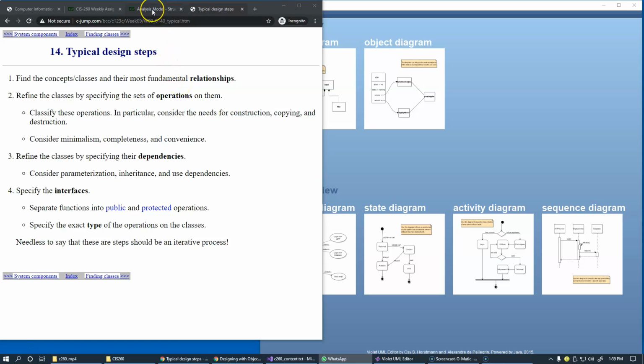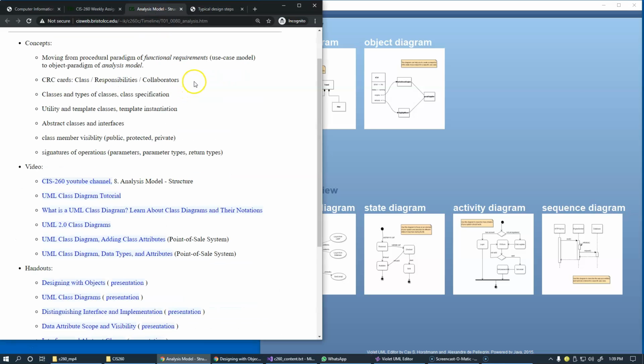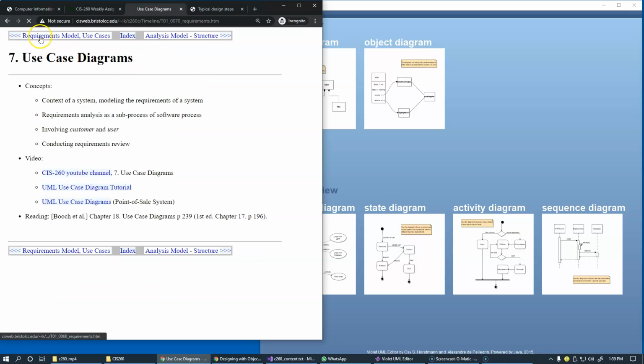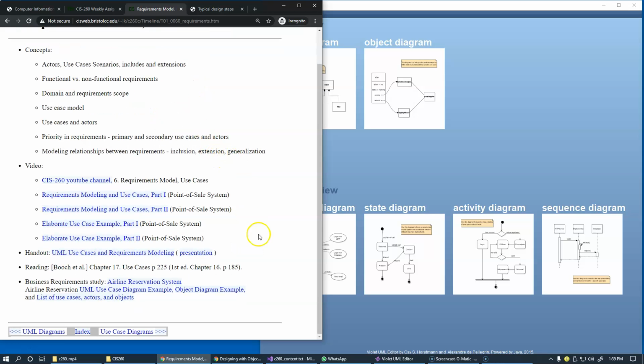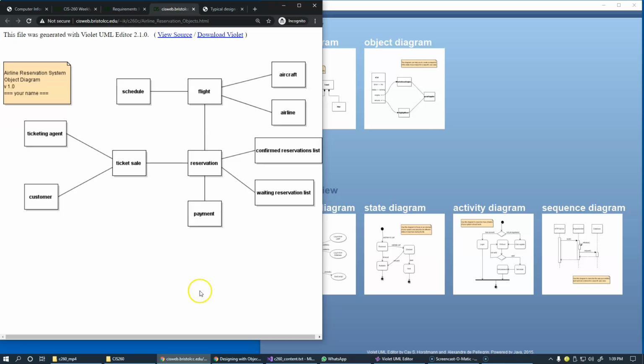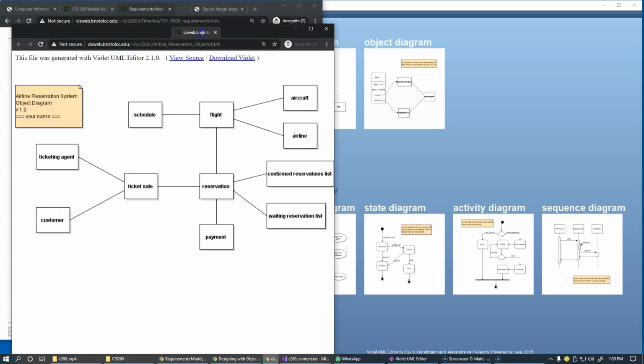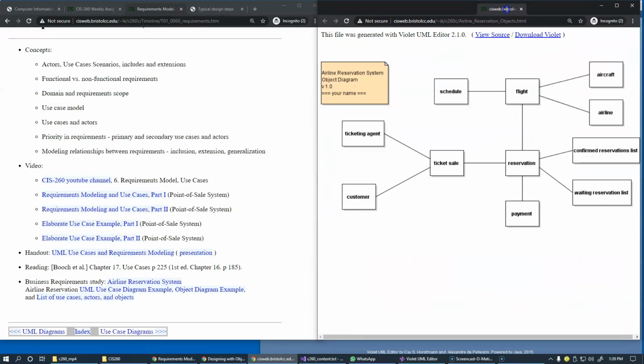For example, a few sections back, we were looking at the airline reservation system, and we discovered, for instance, this object diagram example, which we can use as a sample in our presentation right here. There was discussion about the airline reservation system, and there was a combination of objects, so we put together this object diagram.